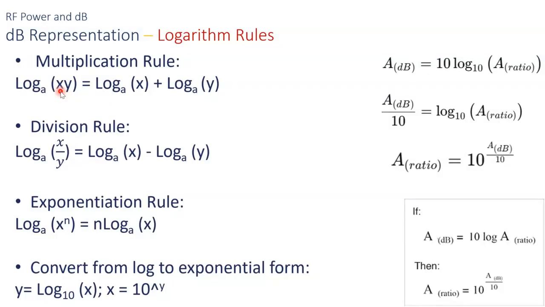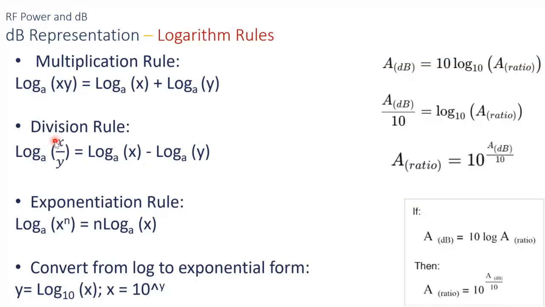Log of x times y equals log of x plus log of y. For example, log of 6, here 2 times 3, equals log of 2 plus log of 3. Now the division rule. Log of x divided by y equals log of x minus log of y.